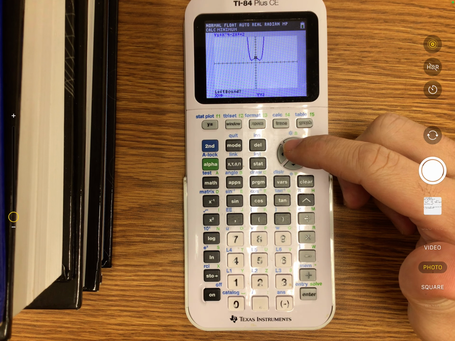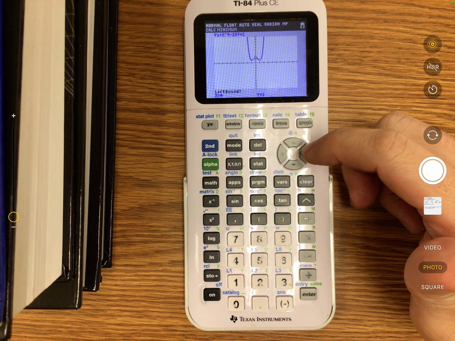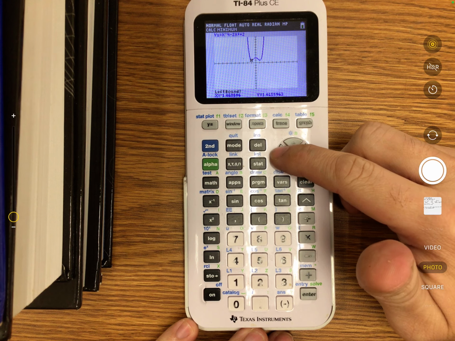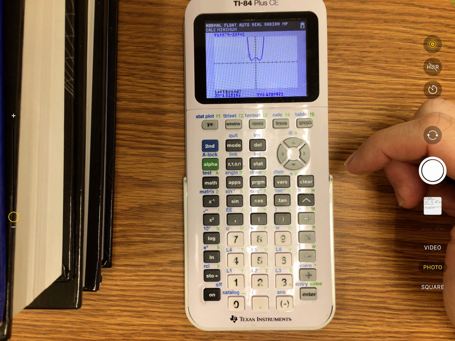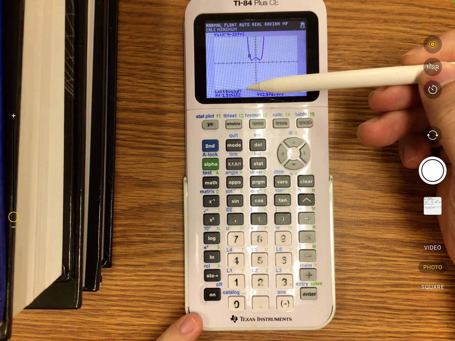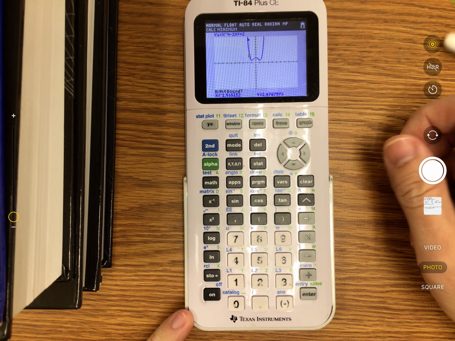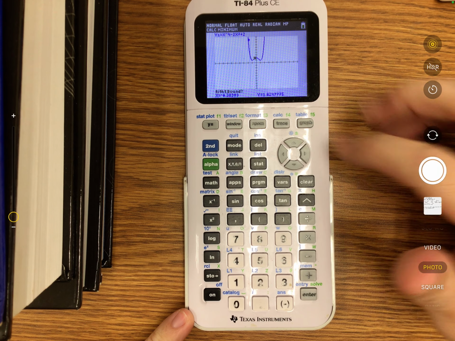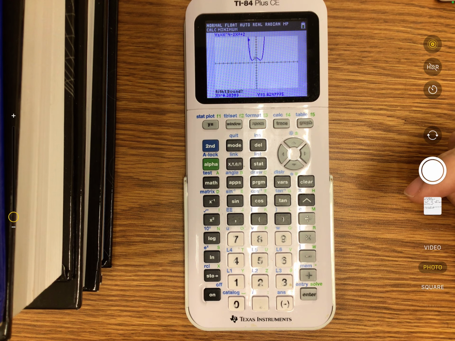What it's asking us to do is set up boundaries so it knows where we're looking. So we need to make sure that we set up our cursor anywhere to the left side of that minimum, because it's asking us to find our left boundary. So we're going to hit enter there. We're going to scroll anywhere to the right of that minimum, as long as it's not catching two minimums in our boundaries.